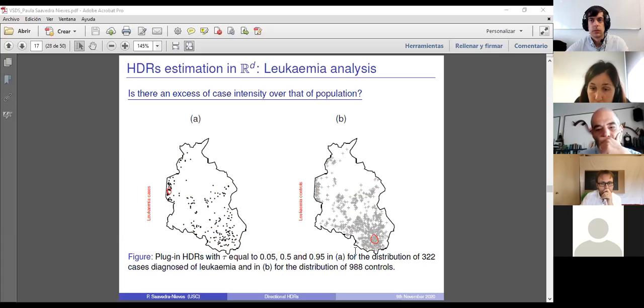And if I select tau equal to 0.95, I can see that the population is concentrated in the south of the map, but the cases of leukemia are in the north of the map. This area is a metropolitan area with high levels of pollution and many industrial factories that maybe could be related to this high incidence of the illness in this part of the country.